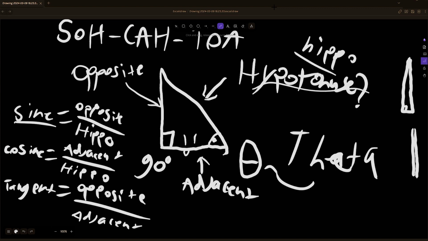That's not theta. Theta is actually up here. That is theta. And that's our observation angle. Technically, we could call it theta, but it's not theta. Our observation angle, we call it angle 1.